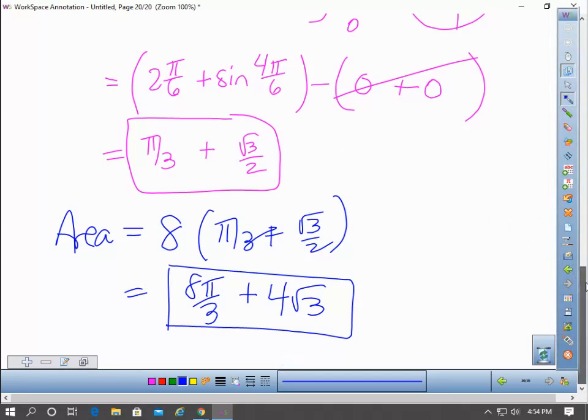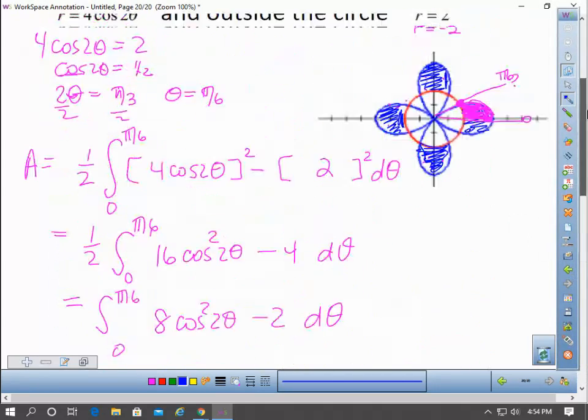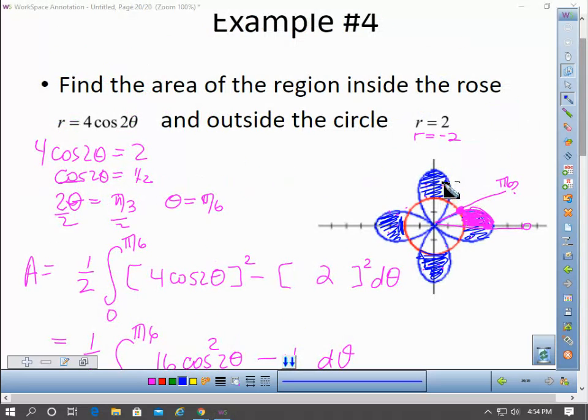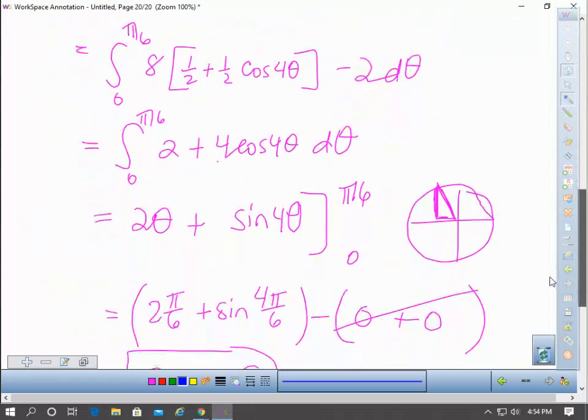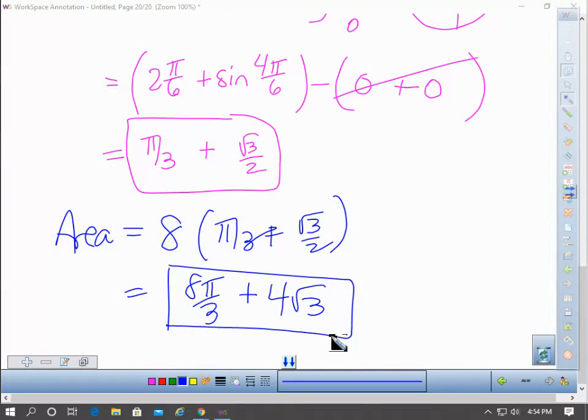Like in this problem, I just did that one little piece, and then I know these are all equal to each other. So then I was able to multiply it by 8 to get the actual final answer to the question. So when you're doing area with these, you can do half of something and double it. So you don't just have to always do the integral of the whole thing that you're looking for. So just remember there's different strategies for being able to find the area.